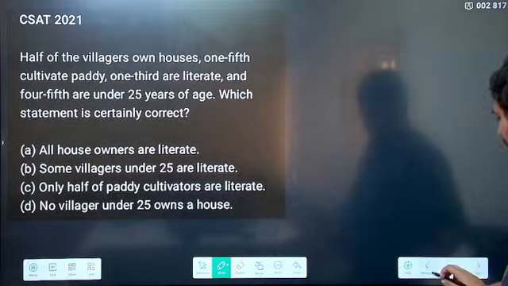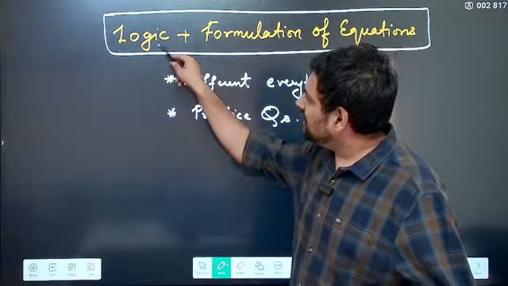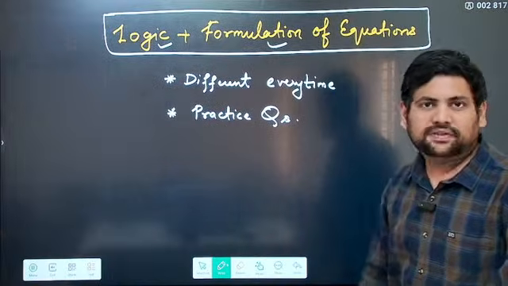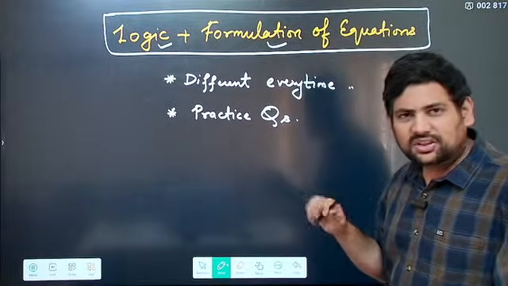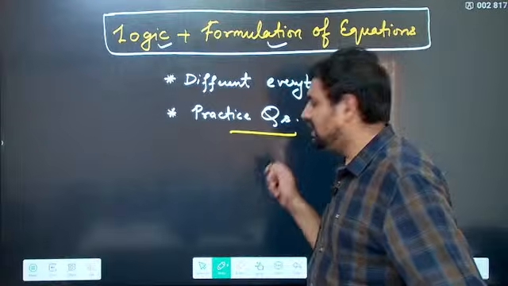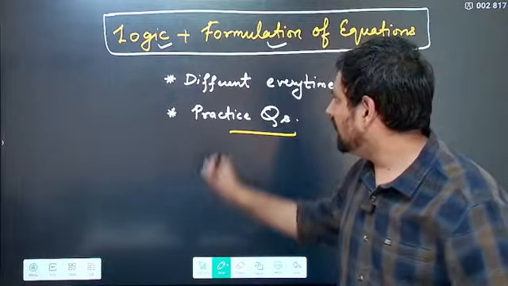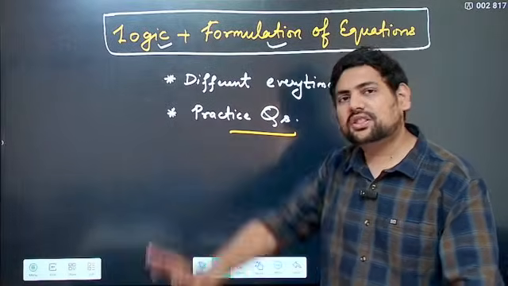Now here, of course, the thing is that you just have to apply some logic and you have to formulate the basic equations if there is need. Now, because this is different every time, so there is no other solution than practicing questions. So this is what we are going to do, because every time it is all about having that logic of what is given in the question. This is not a fixed type.